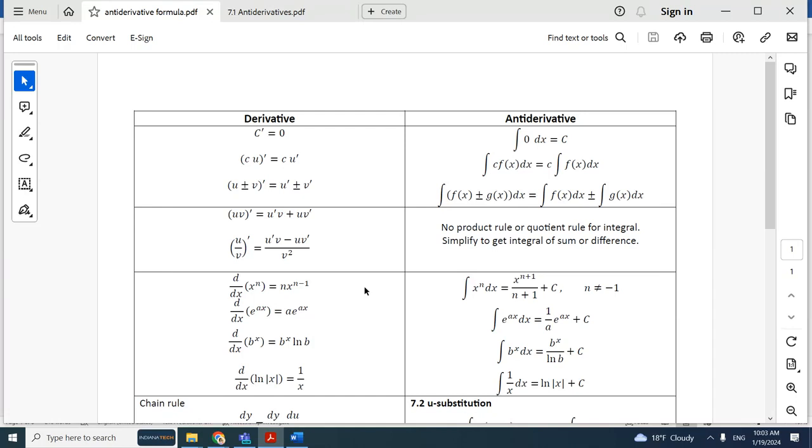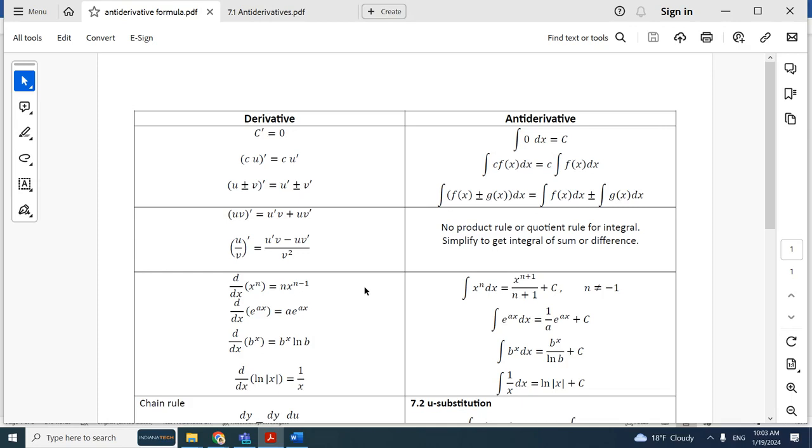Integration is like the reverse process of differentiation. When you integrate, your power increases by 1, and then you divide by the new exponent.